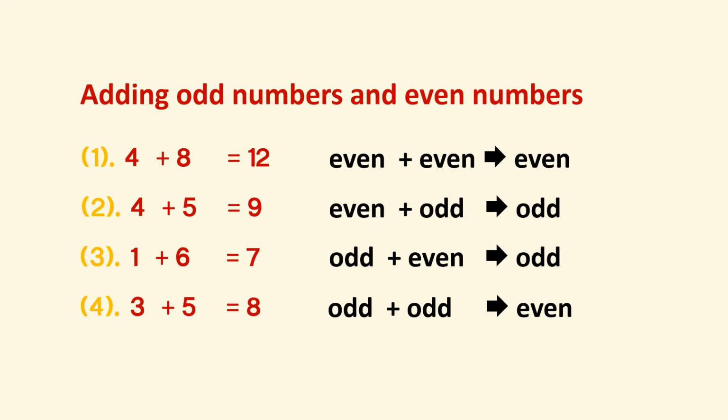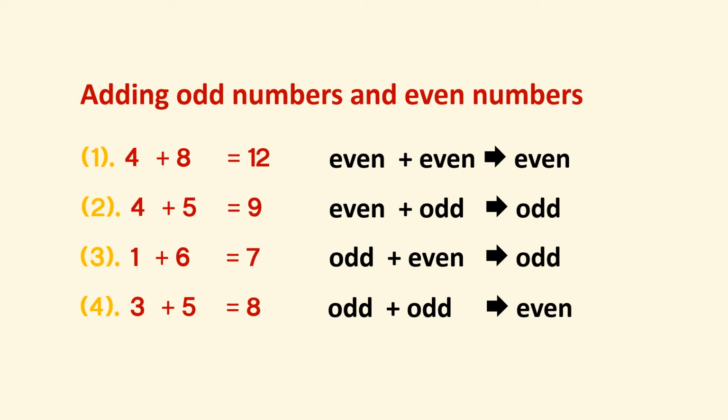Now, looking at this chart, we can come to some conclusions. What are those? When you add two even numbers together, the result also should be an even number. When you add two odd numbers together, once again the result should be an even number.